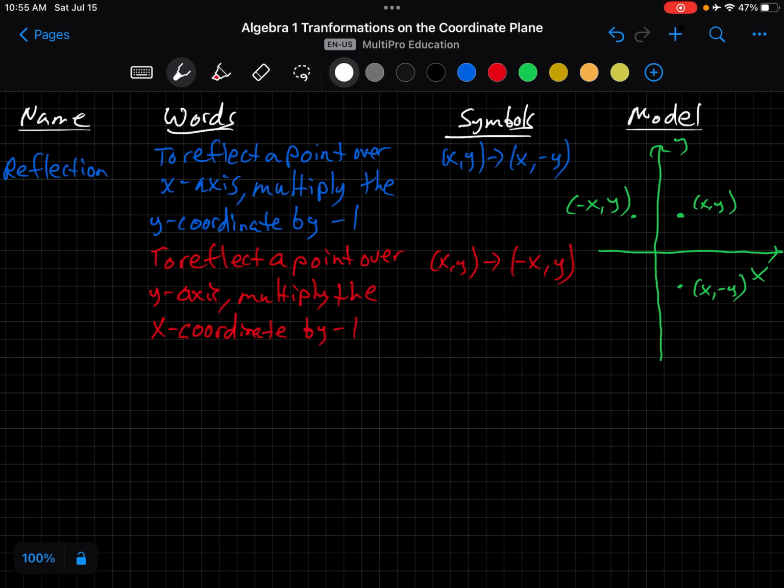All right, let's talk about the next one. Let's do translation.